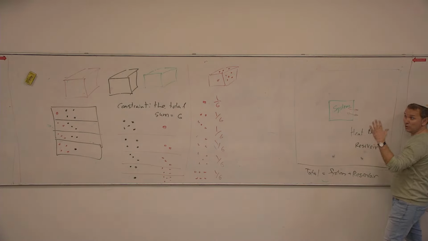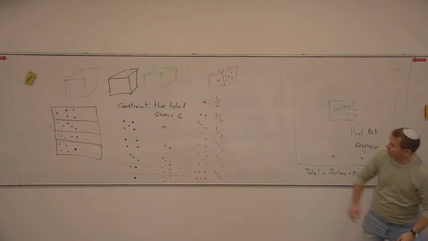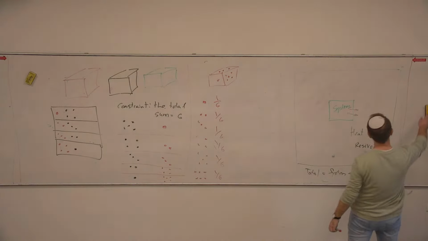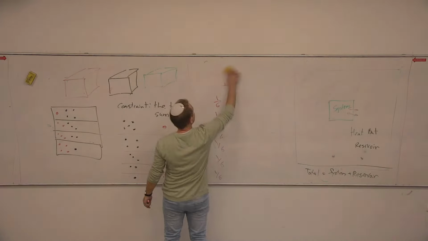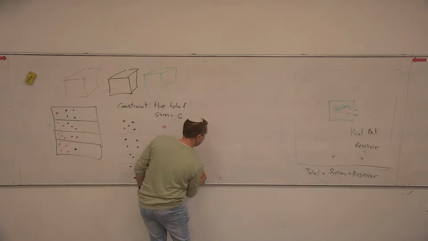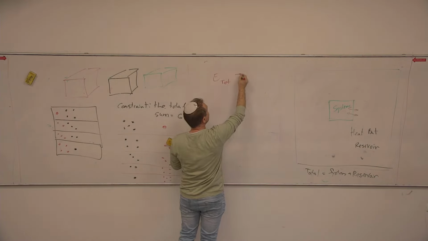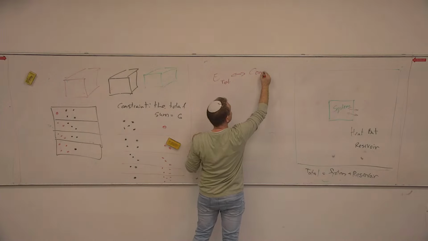So what you do is the following. You constrain the total energy, E total.